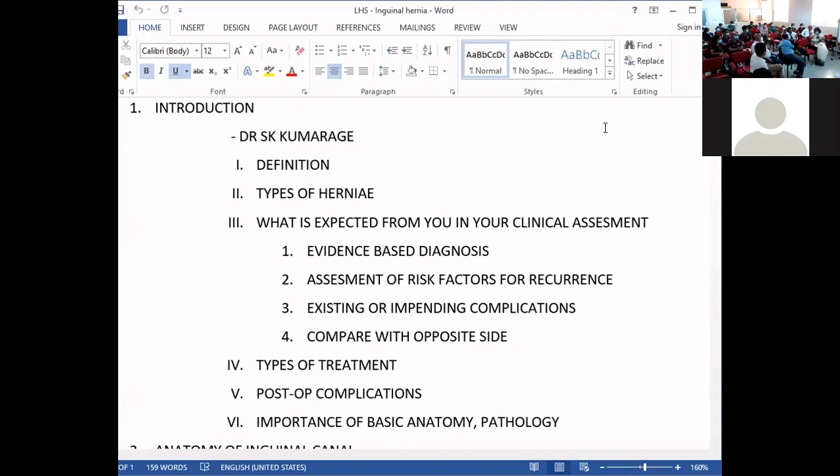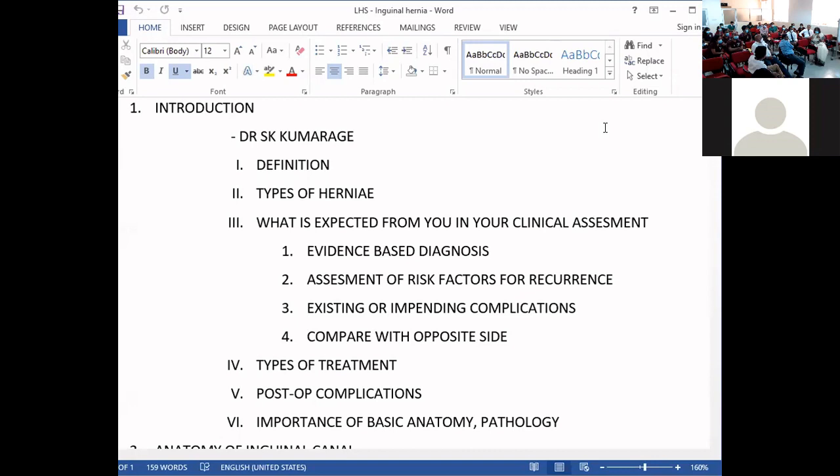Obstruction, and I think you were trying to make that point. Irreducibility, obstruction, strangulation are three different terms, but can coexist in different situations. Obstruction means that the bowel is obstructed, but it may not be strangulated because the vascular supply may not be impaired at that point.